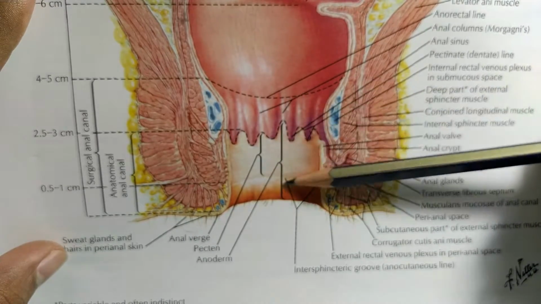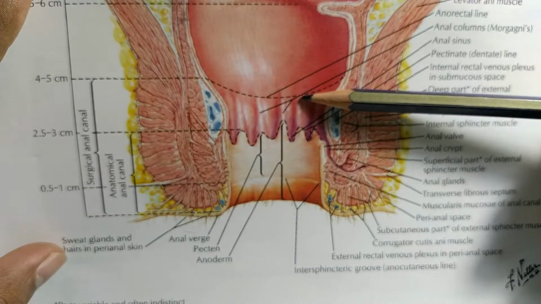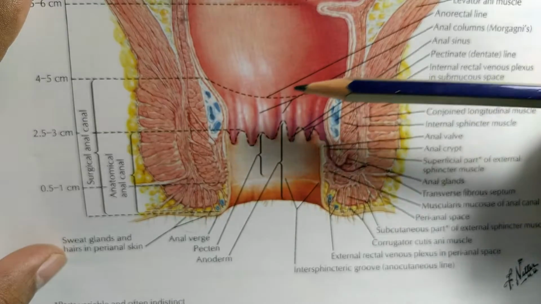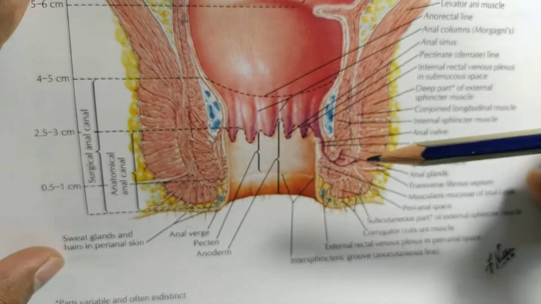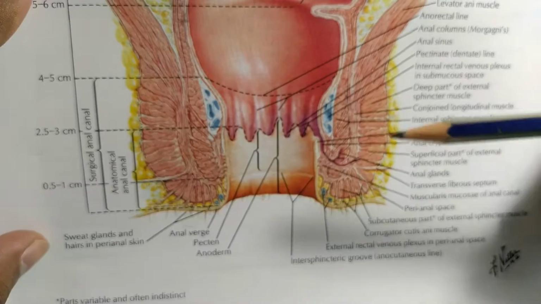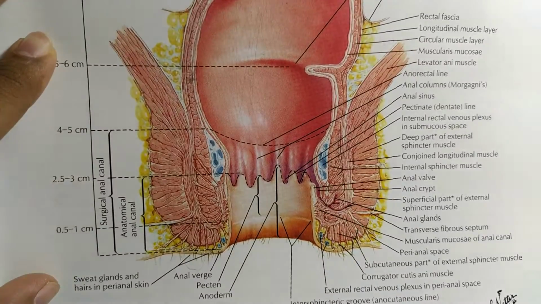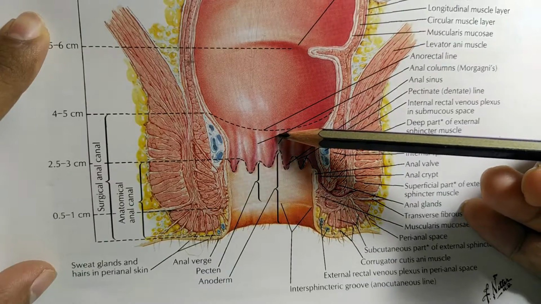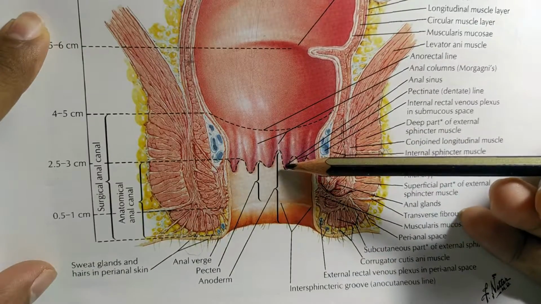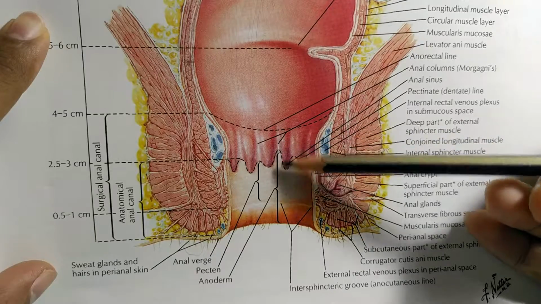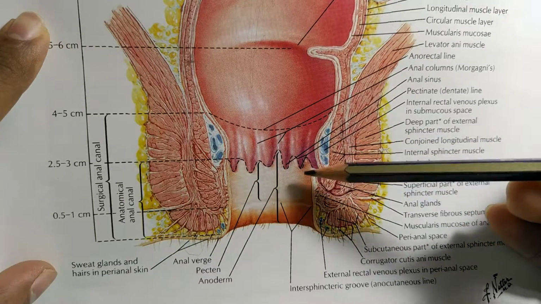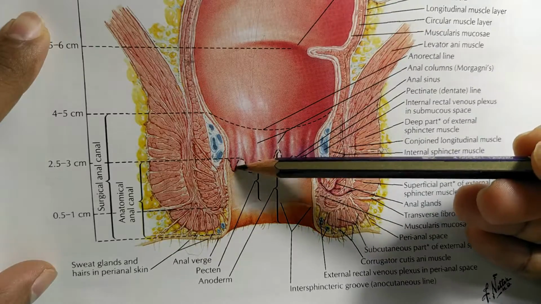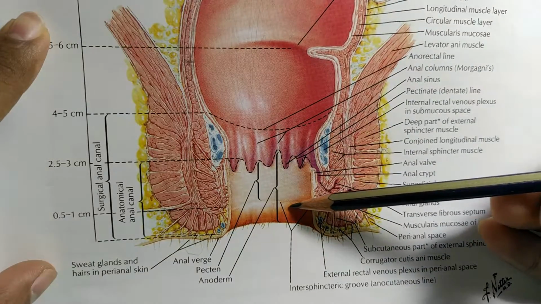It is only 3.8 centimeters. There is various important knowledge regarding the anal canal. You can see this is 3.8 centimeters long, and it has two important lines, one is this line and one is this line.